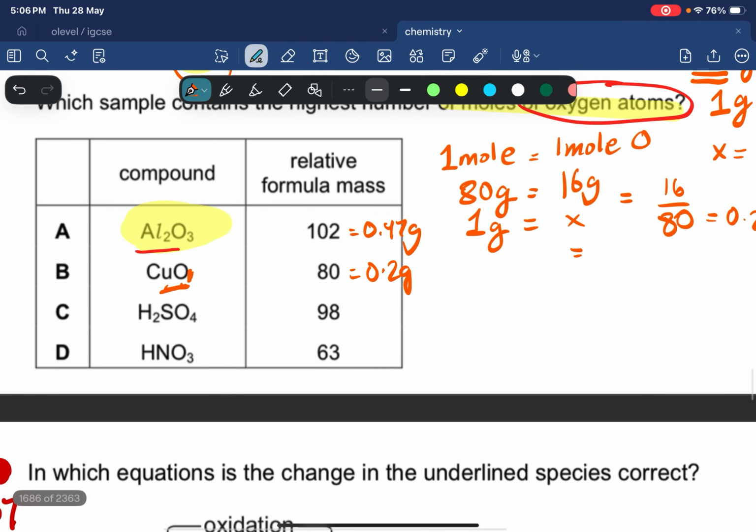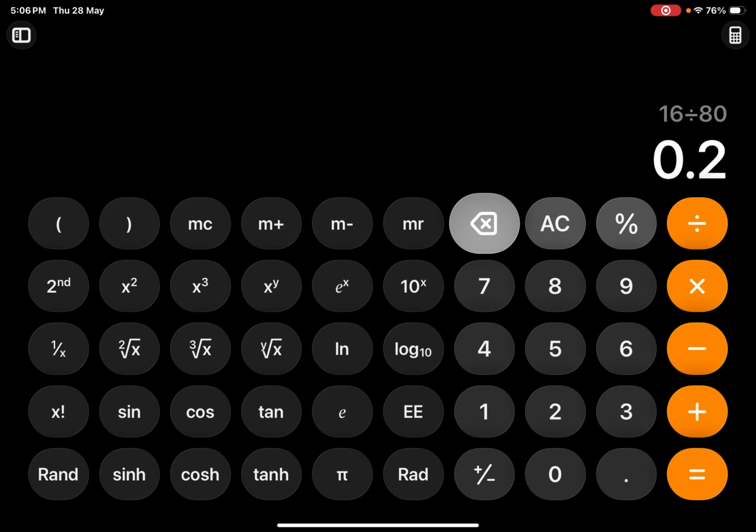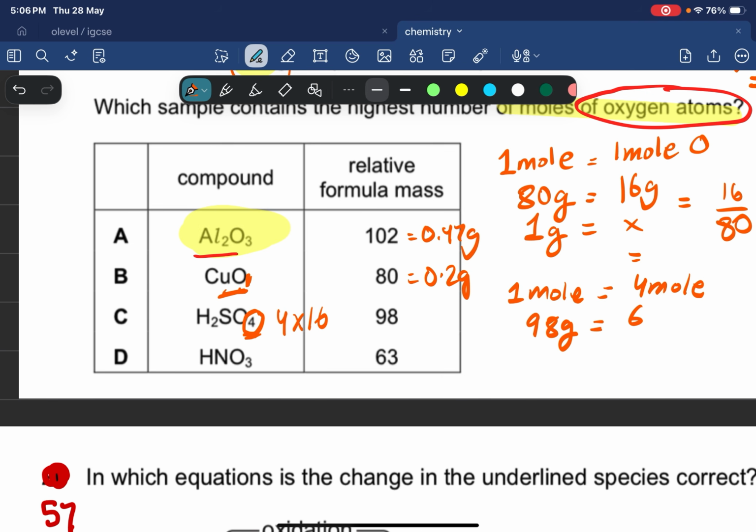Next, H2SO4. Now I know that 1 mole of H2SO4 contains 4 moles of oxygen, because there's a 4 over here. And if I have the mass of 1 mole, that is 98, the mass of oxygen is going to be 4 times 16. So 4 times 16, I get 64 grams.